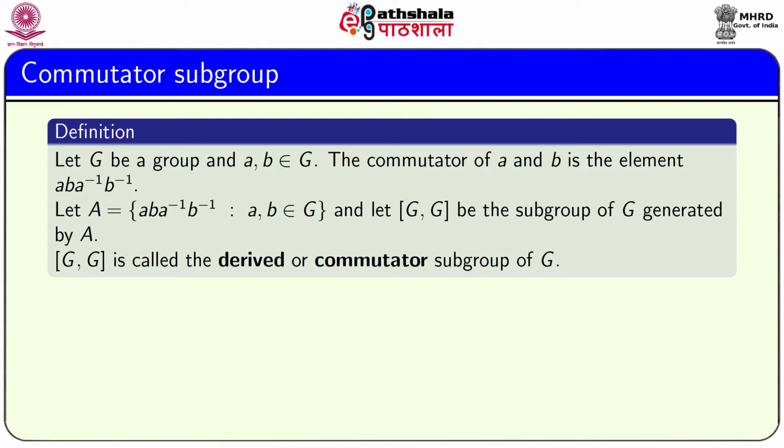We collect all the commutators and call the set A, consisting of the elements a b a inverse b inverse such that a, b belong to G. Then the group generated by this set A is a subgroup of G called the commutator or derived subgroup of G, and it will be denoted by [G, G].